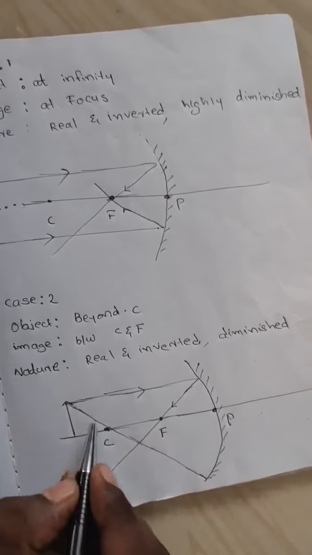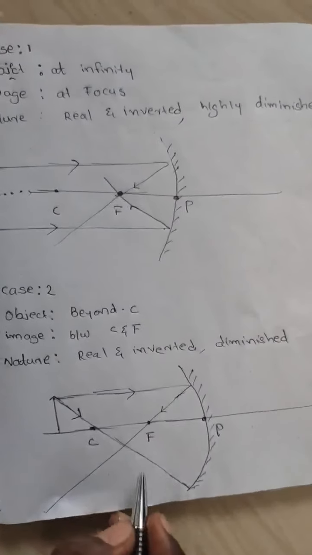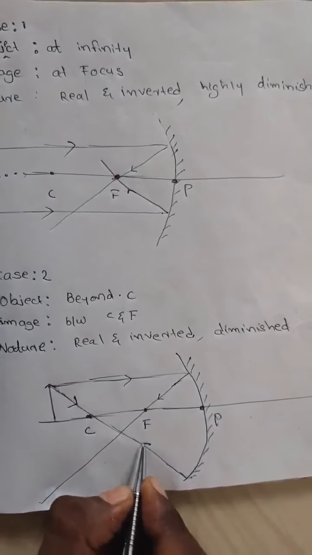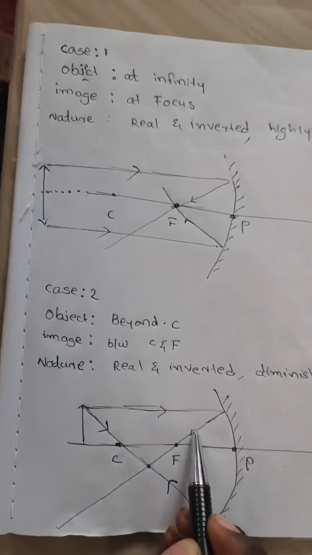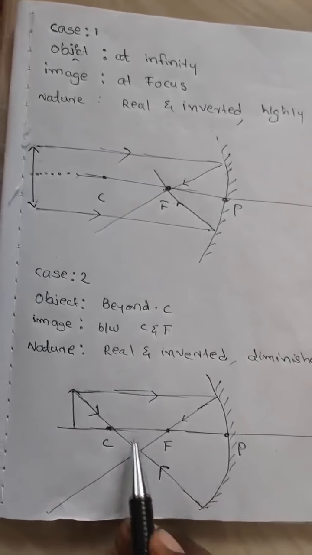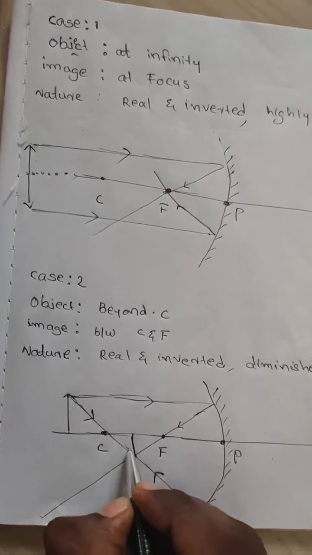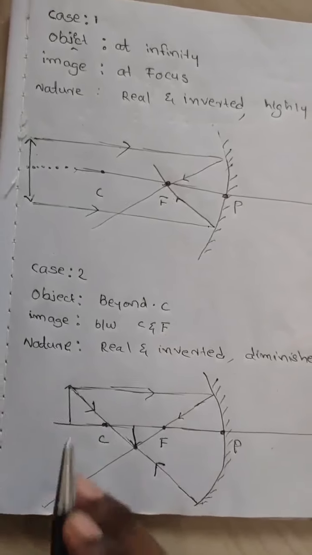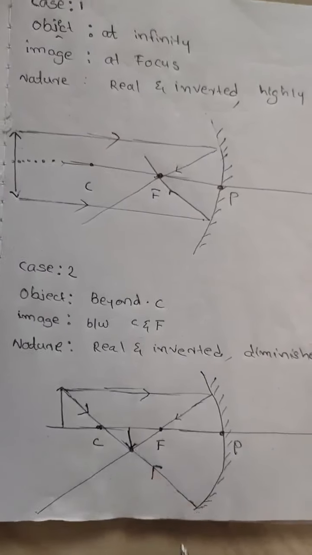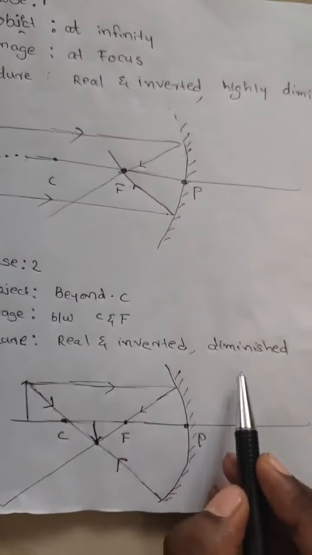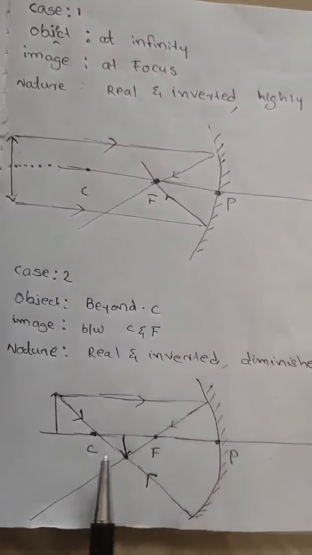We know that a ray moving through the center of curvature will reflect through the same path, our rule 3. Hence, at this point, this reflected ray and this reflected ray are meeting. Hence, the image is formed at this point and it is inverted. That's why now the arrow is put in this direction. Okay, it is real and inverted and it is diminished. Look at this. The object's height is this much and the image is this much. That means the image is diminished.